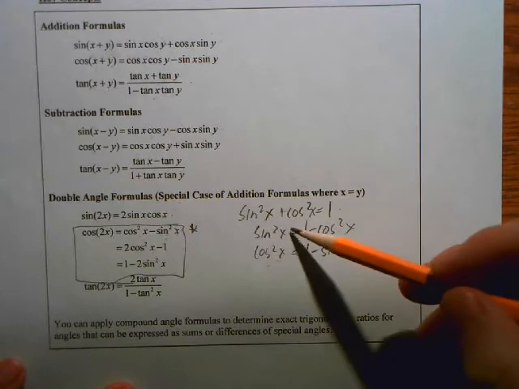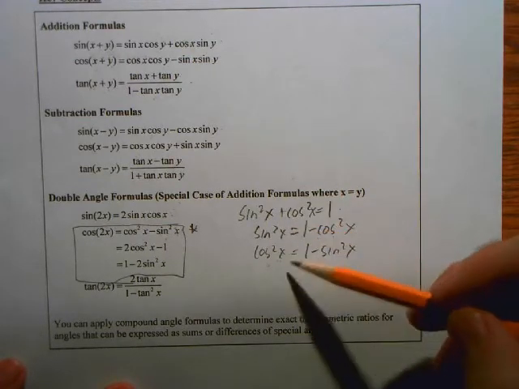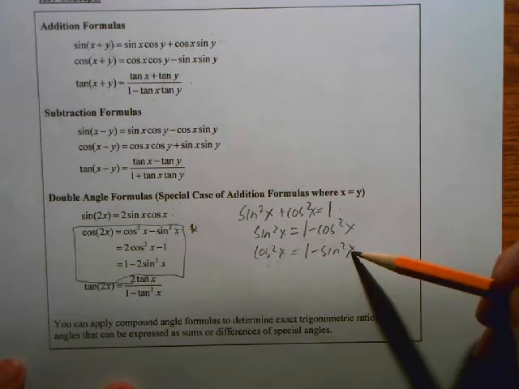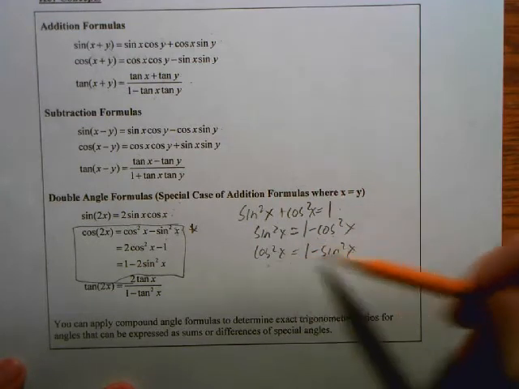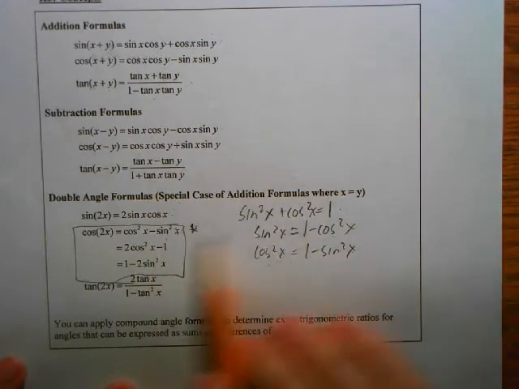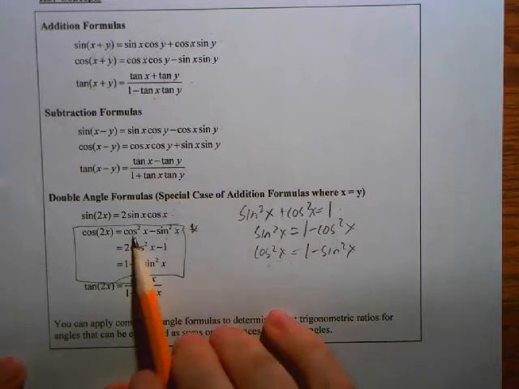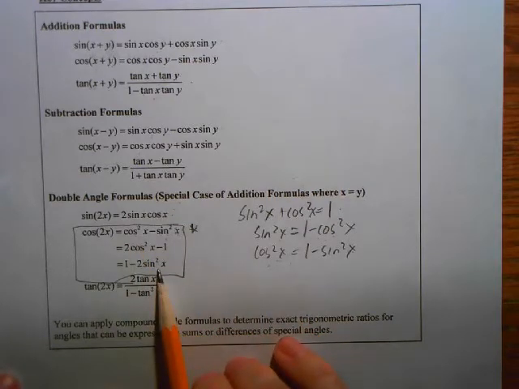What we can do is isolate sine squared x as 1 minus cos squared x, and cos squared x is 1 minus sine squared x. Hopefully you remember that. You'll be using these a lot in the trig identities. So if I replace cos squared x here with 1 minus sine squared x, that turns into 1 minus 2 sine squared x.